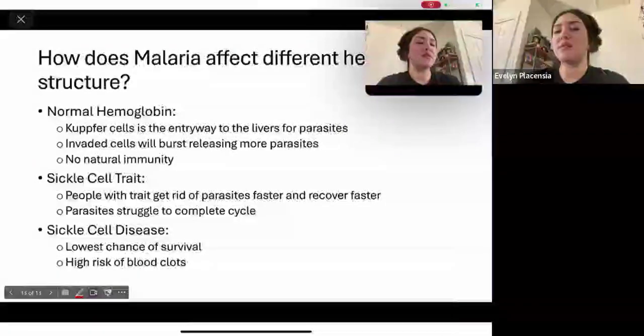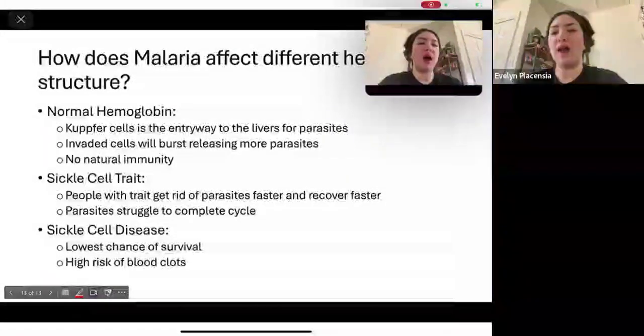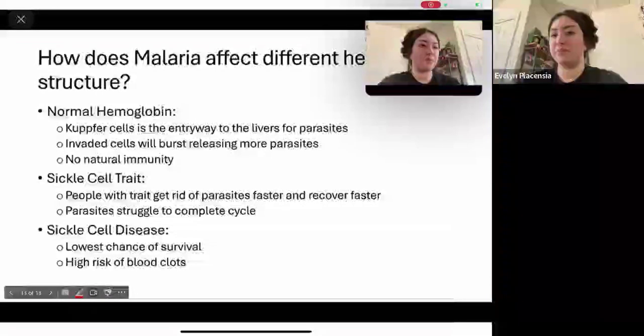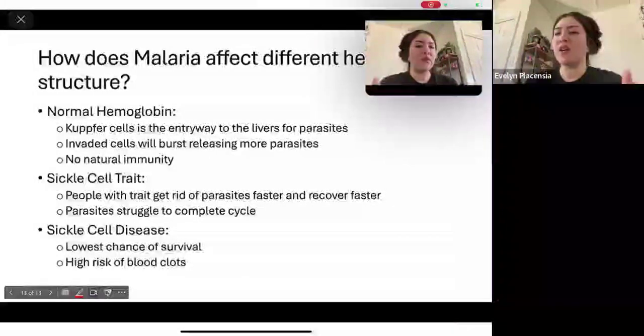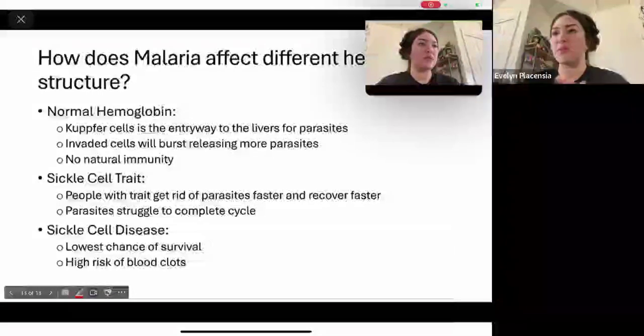So these new parasitic cells have the ability to hide from the body's immune system when they enter the red blood cell. Once it enters the red blood cell, it will devour all of the contents inside. So we know hemoglobin molecules, and there's several of those, and there's a lot of oxygen in there.